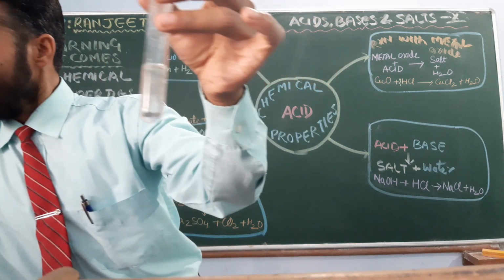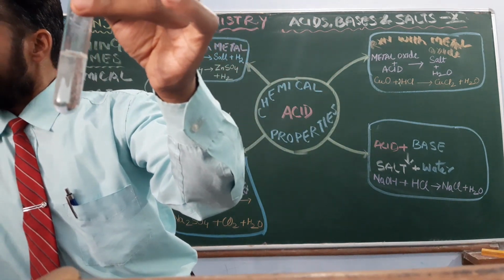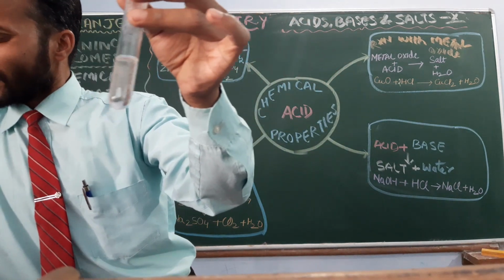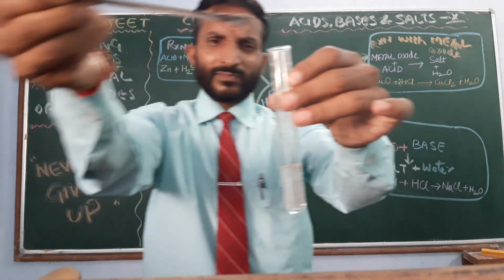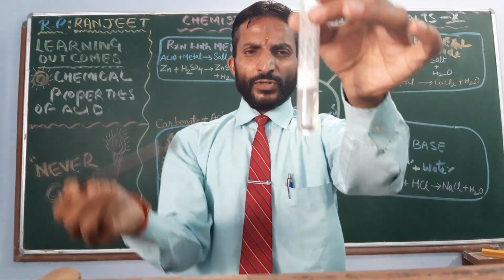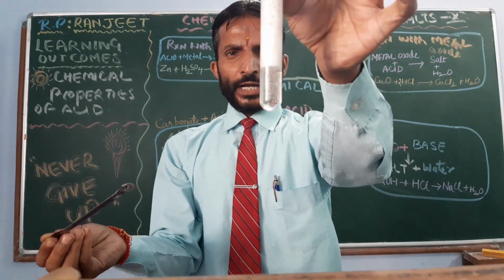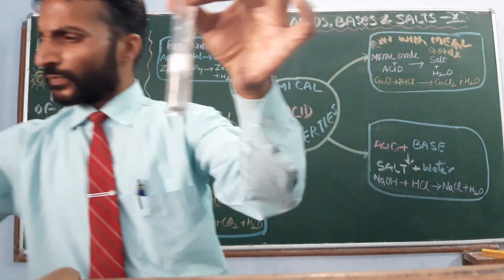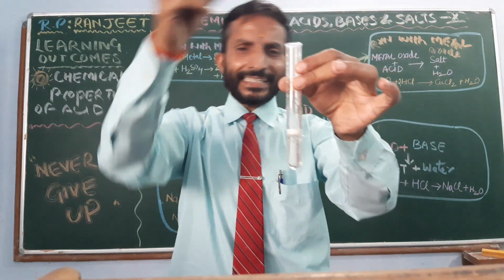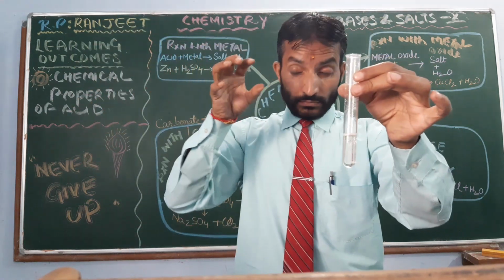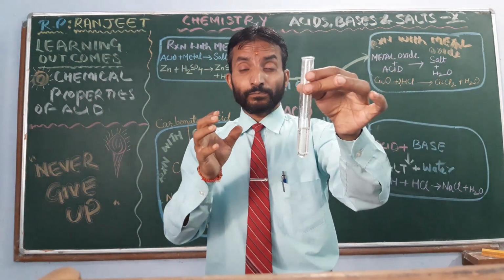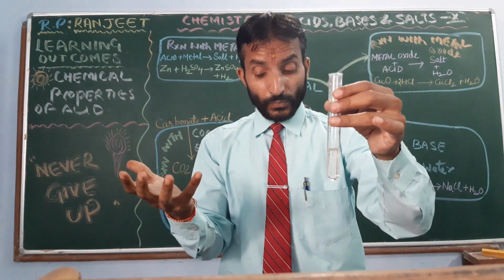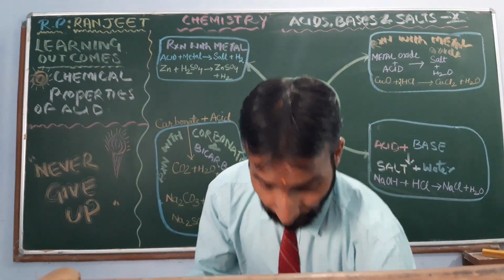Okay, you can see again, it reacts at a faster rate because it is concentrated. Oh, carbon dioxide gas. Now how do we check that this gas is carbon dioxide? When I pass this gas through lime water, it becomes milky. So that is how we can check.